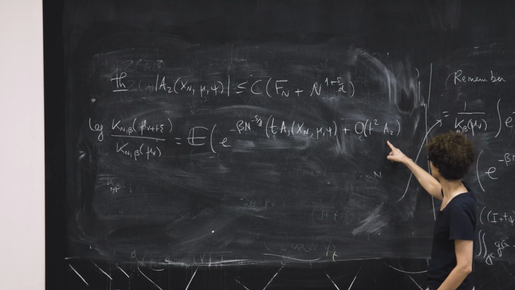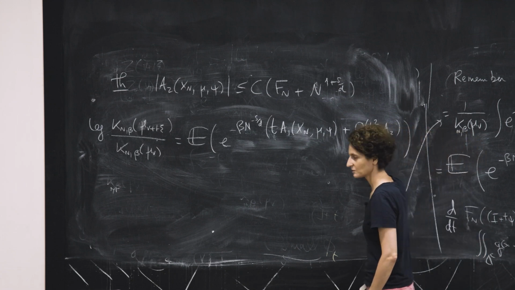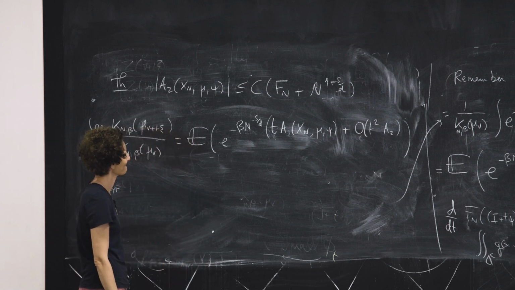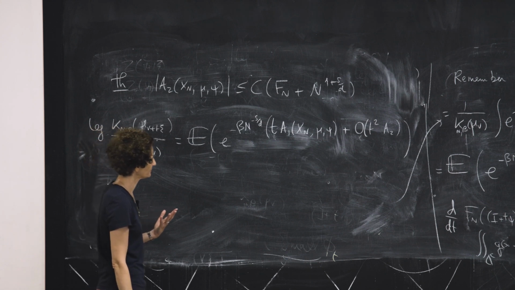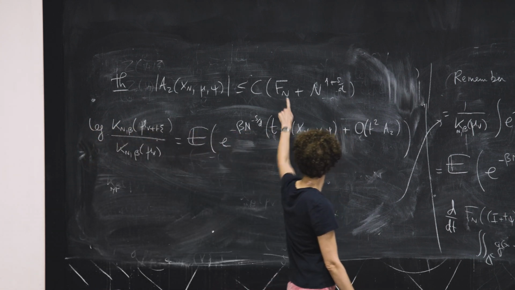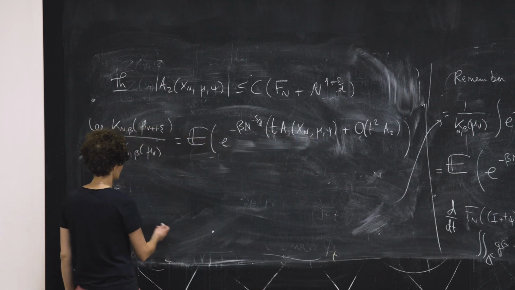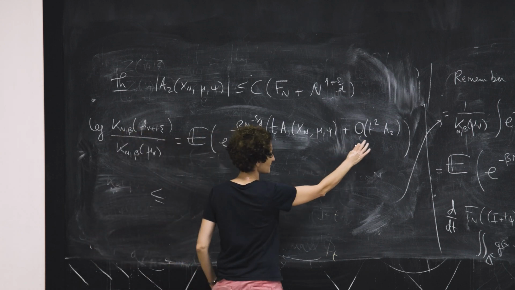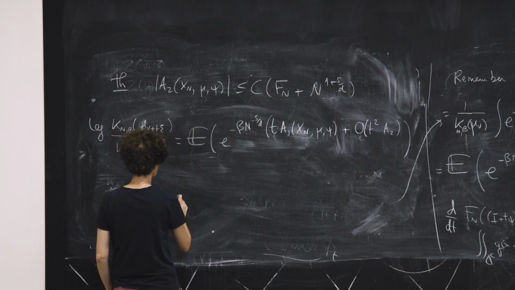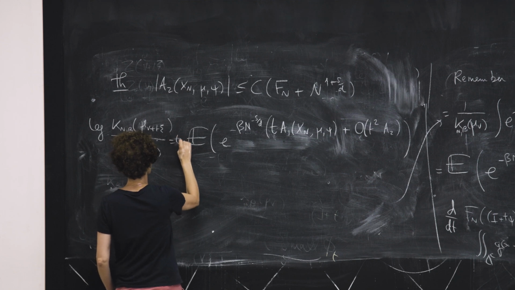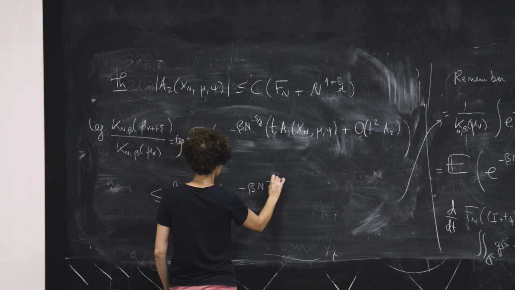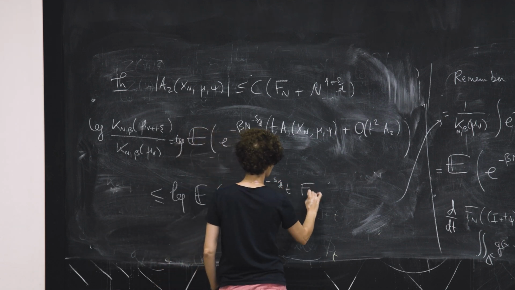That would be the next term in my Taylor expansion. I'm not going to be too precise on this here. So with that, I already can get something. Because we know that A1 is bounded by Fn, so we can already bound this. And let's neglect the quadratic terms because I can control them as well. So I have to take the log here. So I can replace by this.